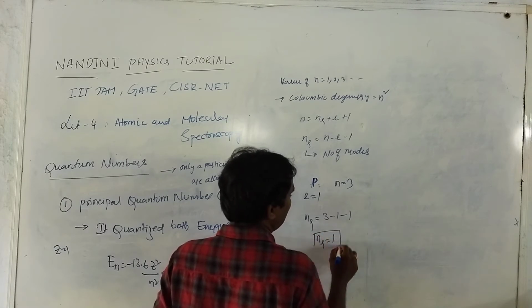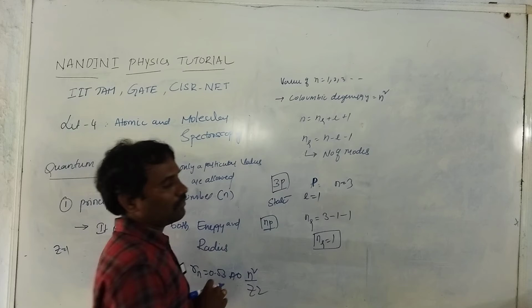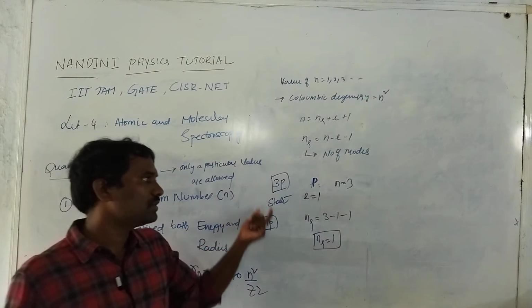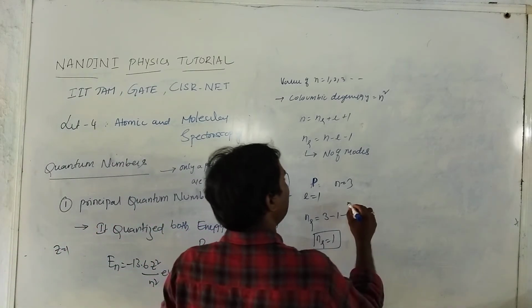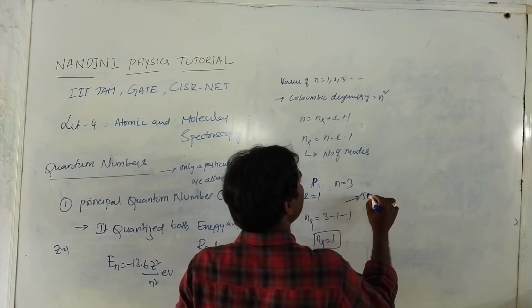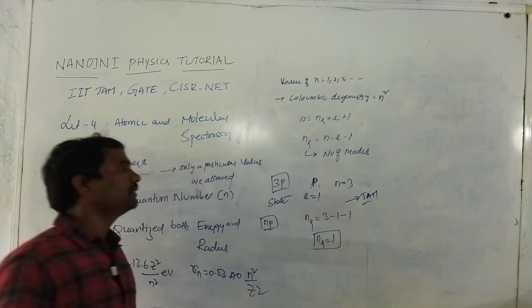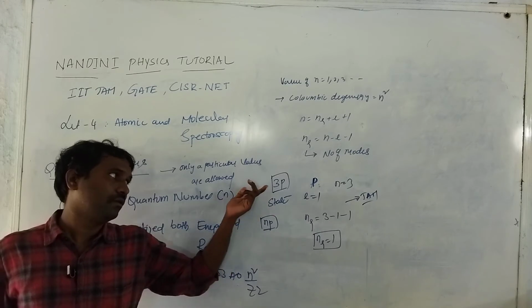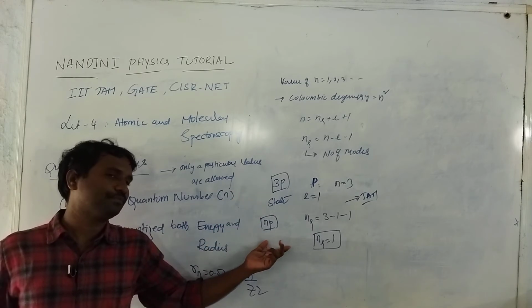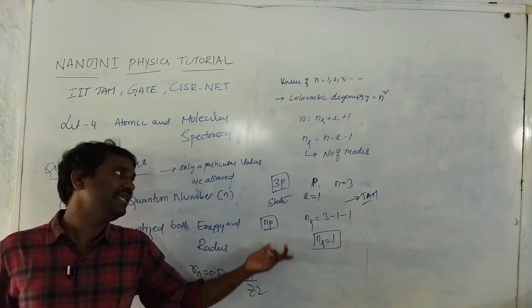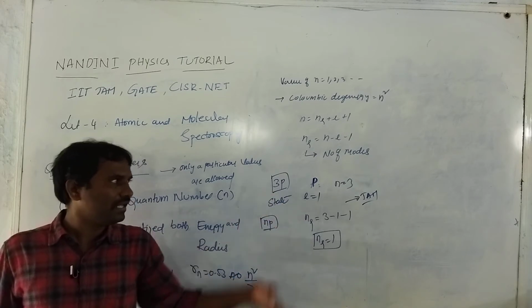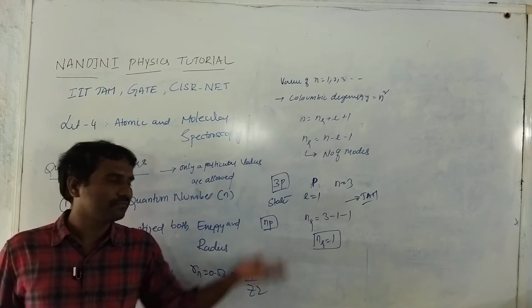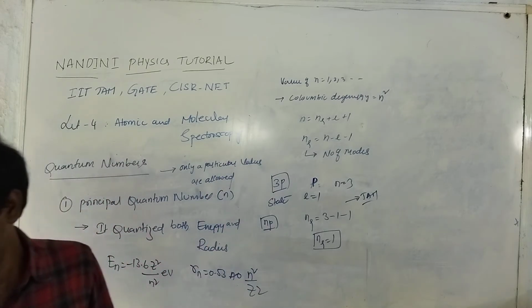So the number of modes in the 3p state is only 1. This is important for the JAM exam. They can ask about the 2s state, 3p state or 3d state, so expect any type of question.